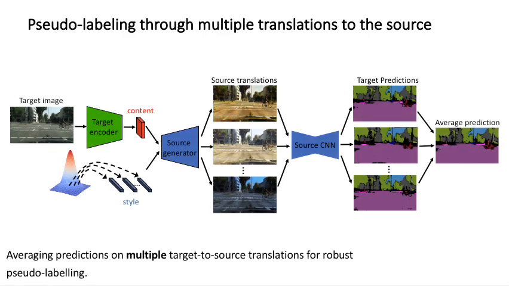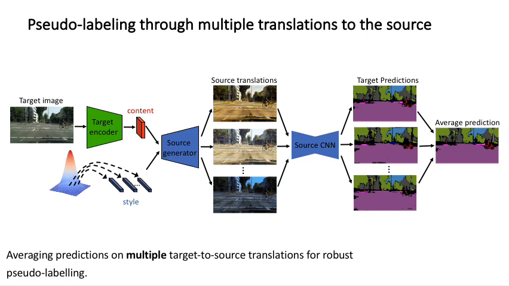Now, having shown how stochastic translation from the source to the target domain can be used for pseudo-labeling, we turn to exploit stochastic translation from the target to the source domain, which is freely provided by the image translation network. In particular, we consider a complementary segmentation network that operates in the source domain and can be directly supervised from the labeled source dataset. This network can provide labels for the target domain images when these are translated from the target to the source domain.